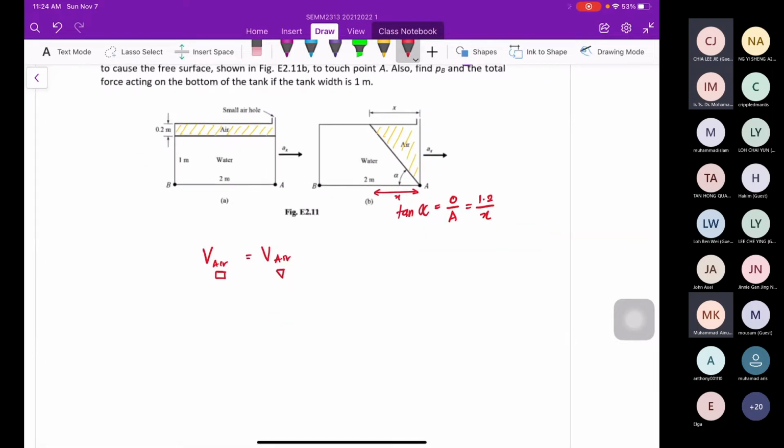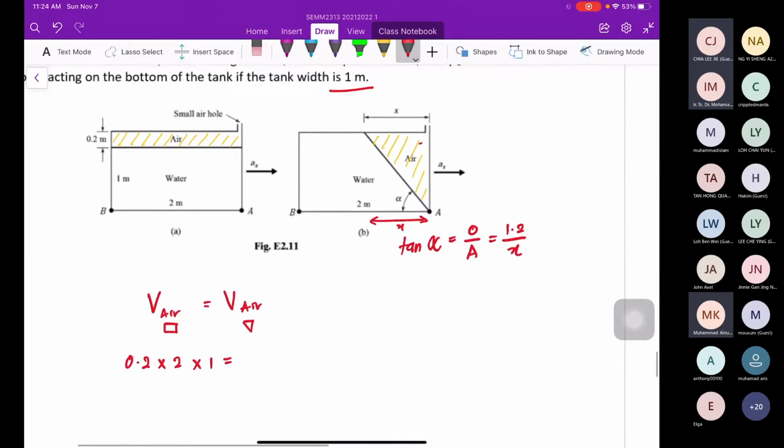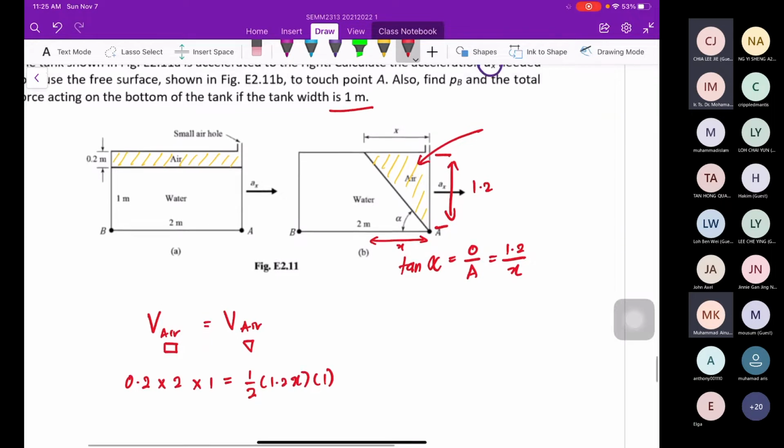So how to get the volume? 0.2 multiplied by the length 2 meter multiplied by the depth, it is given the tank width is 1 meter, equals the volume of this, which is a triangle, right? And then the total length here is 1.2, 1.2 multiplied by x, multiplied by 1 meter because it is the width.